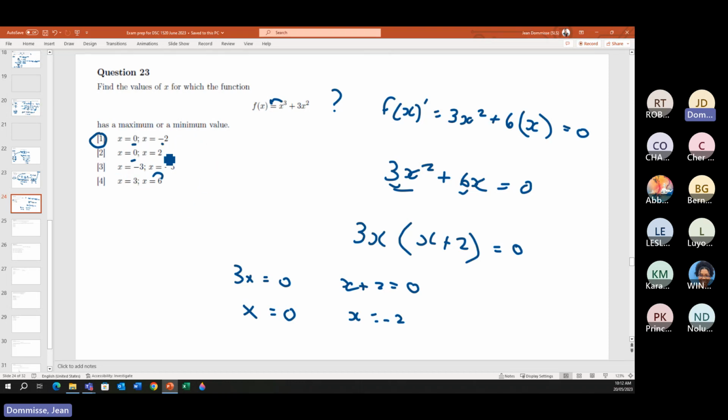But by just looking at these options, you can see that if you set x plus 2 and used the 2, there would have been an option for you as well. By doing the differentiation of that function, we're looking at how we can maximize or minimize the value.